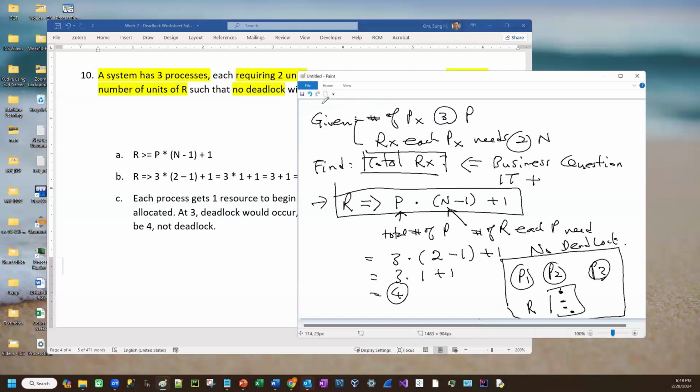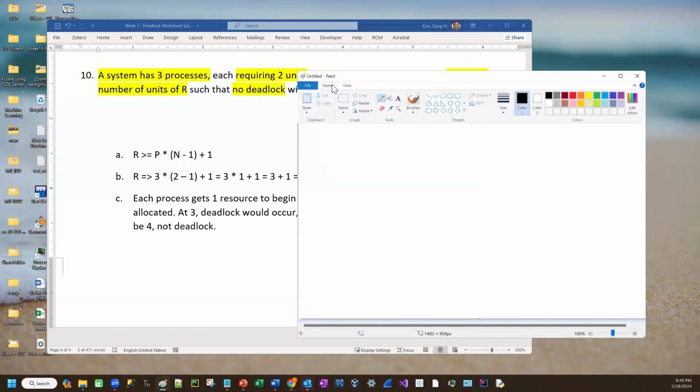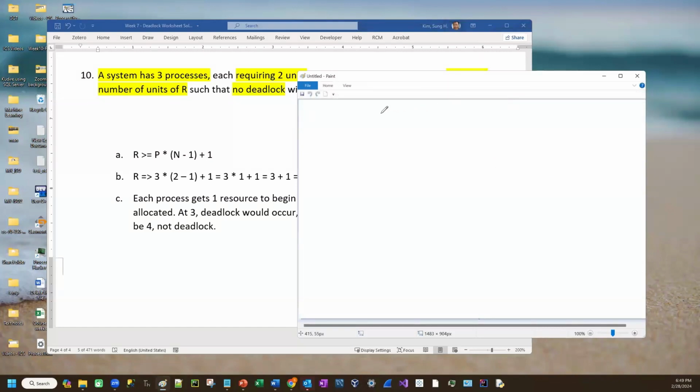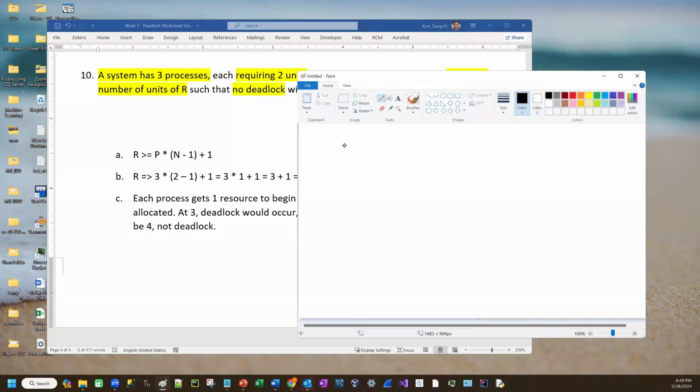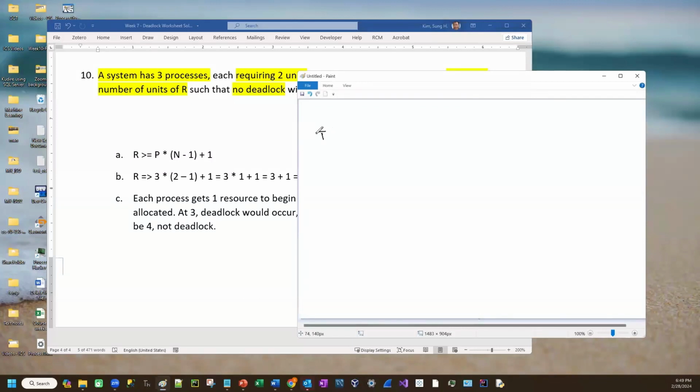So let me just do another page here and say the formula does not work in real life.